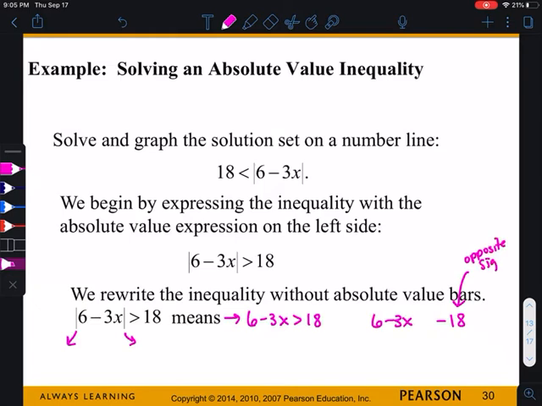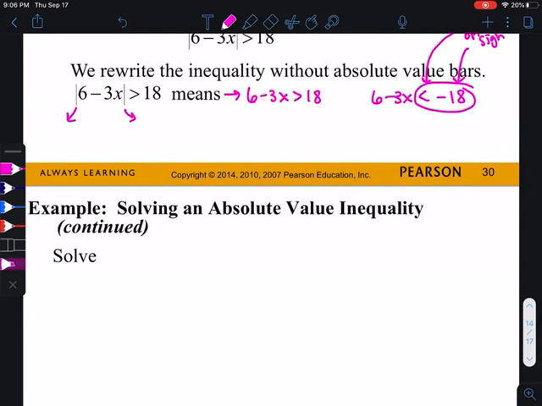And if I'm taking the opposite sign of that number, I'm also going to take the opposite inequality sign. So the easiest way to do any of these absolute value inequalities is when you have your 2 bars, everything else gone, 2 bars makes 2 problems. One is the positive and one is the negative, but think of it as the opposite. So when you go opposite, you need the opposite inequality sign and the opposite number.